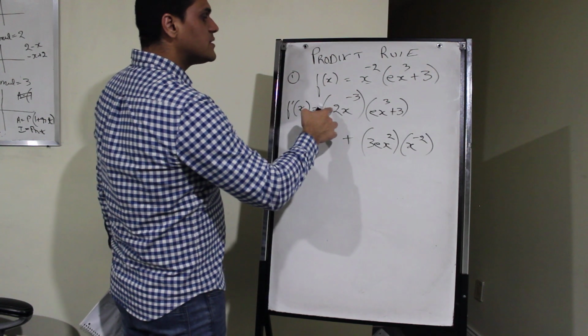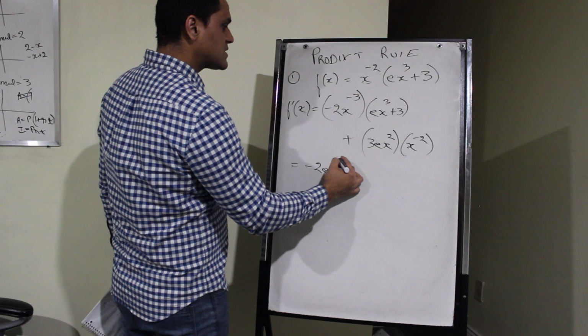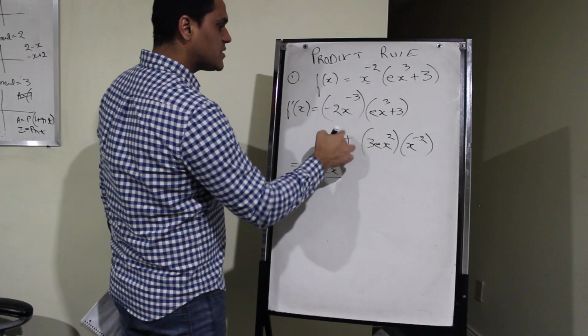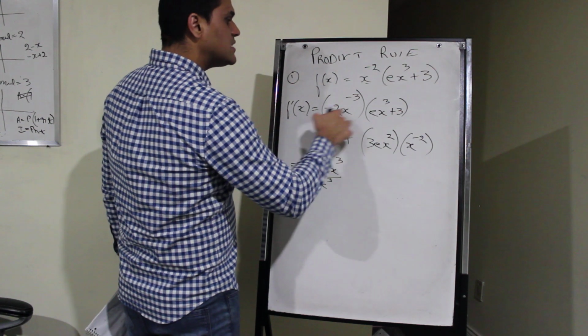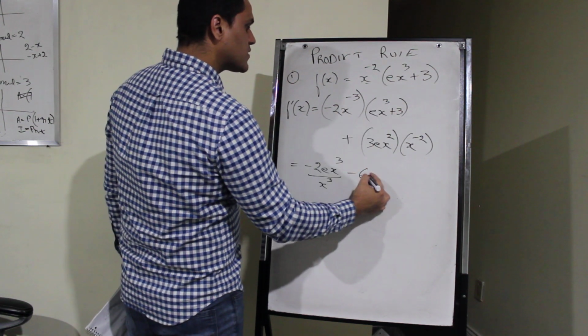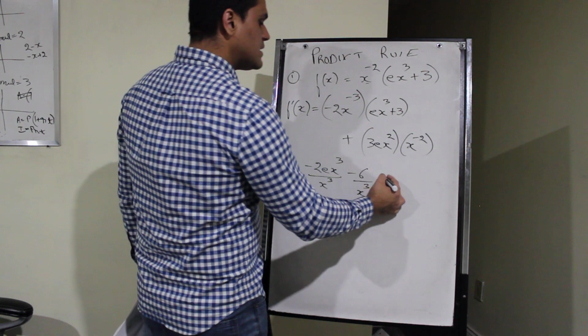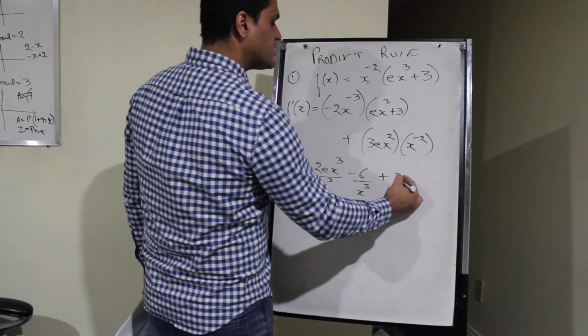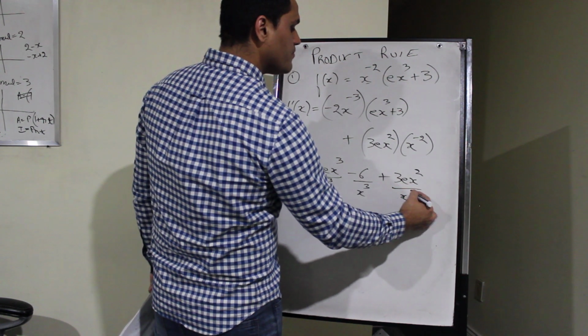When you FOIL this, this will just become minus 2 times x cubed, and let's move this term to the bottom, so x cubed goes at the bottom. Minus 2 times 3 is going to be minus 6, and let's move x to the bottom, and we're going to add this, so that will just be 3x squared, and we're going to move this x squared term to the bottom.